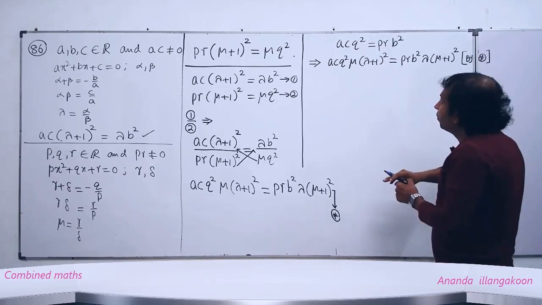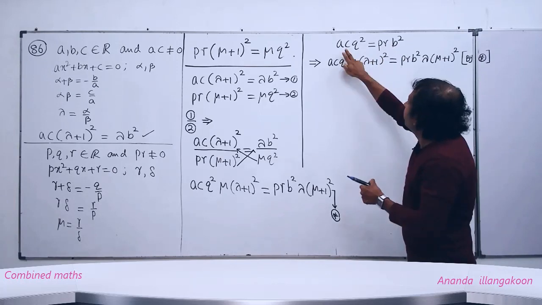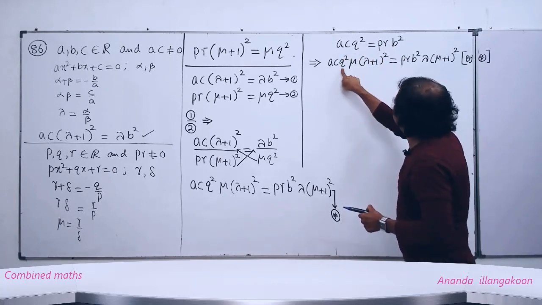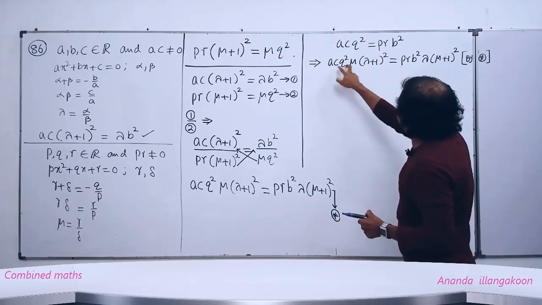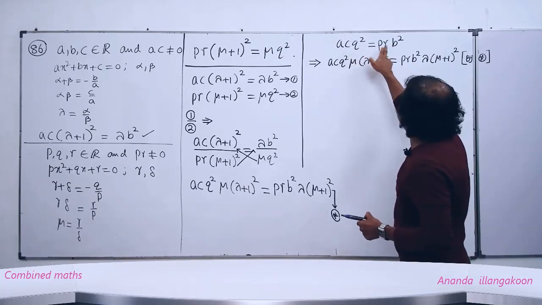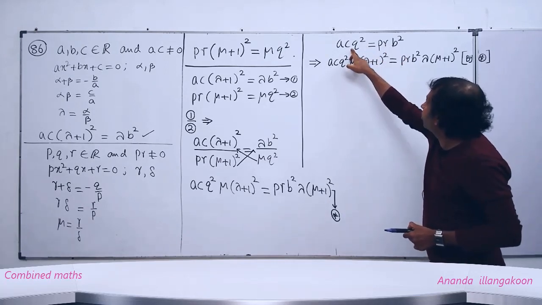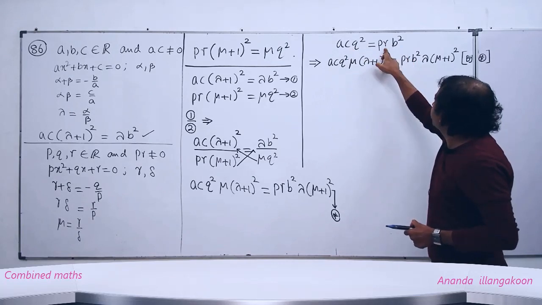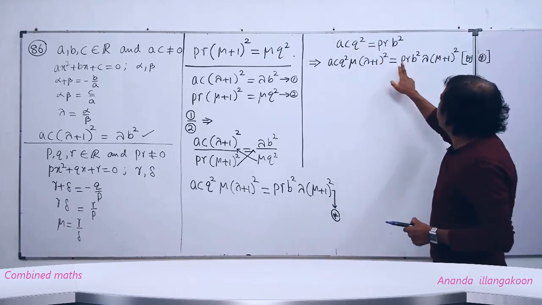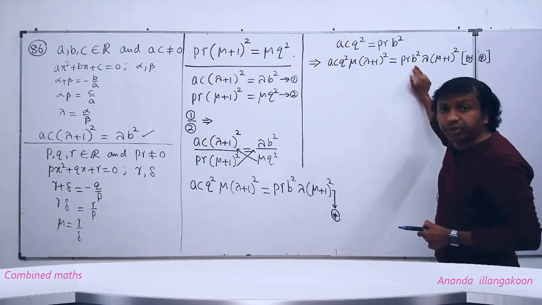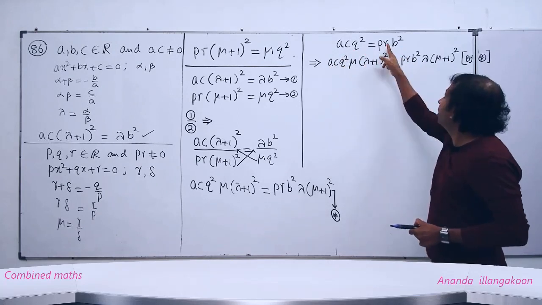People, now ACQ squared equals PRB squared means this part and this part become equal. That's what this says. Then you can cancel down this and this because they are equal.